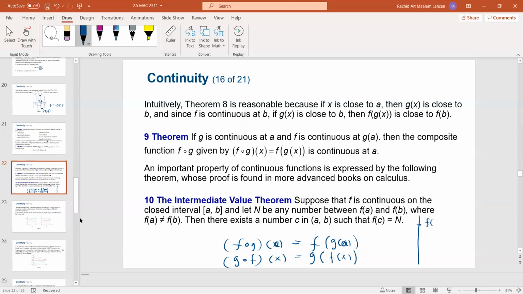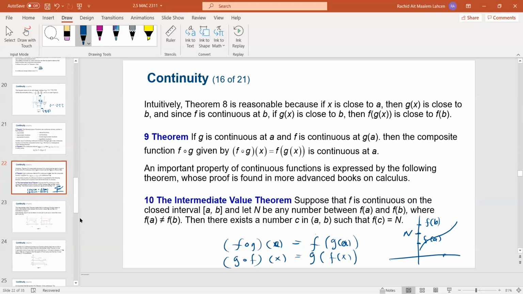So for F of B, F of A, something like this, where of course F of B and F of A are different. Then there exists a C value, something here. I'll show the graph so you start picturing it.